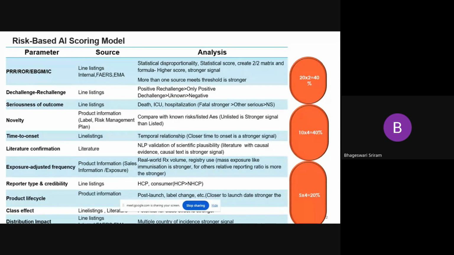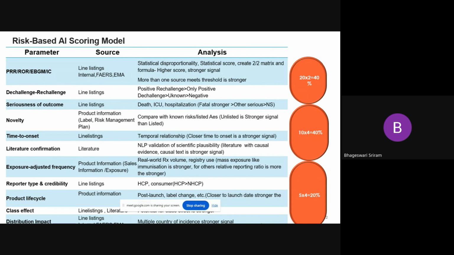So there would be an agent assigned to look at each of these parameters, and this is just my personal project, just a recommendation. I've assigned a score between 0 and 3 for each parameter.